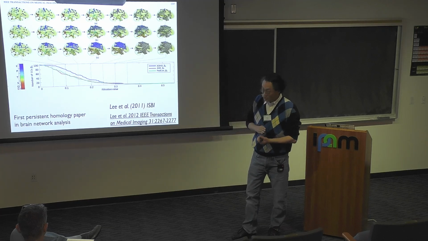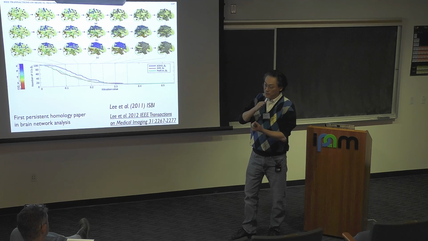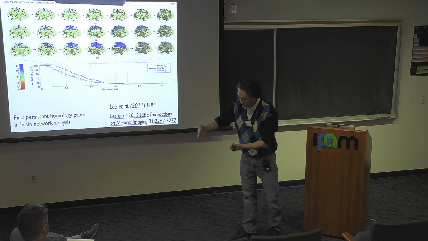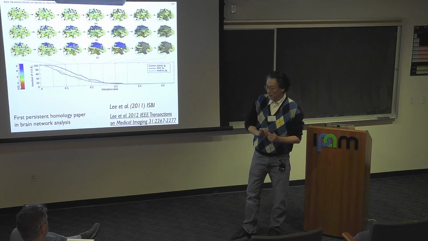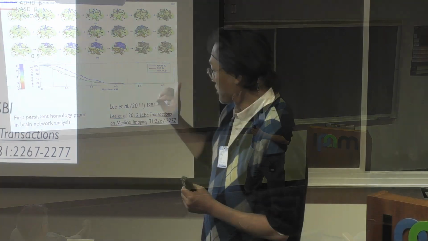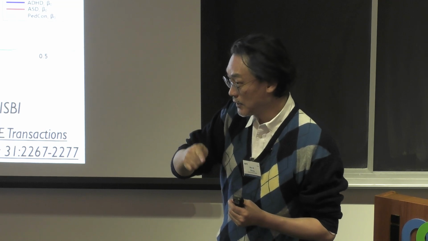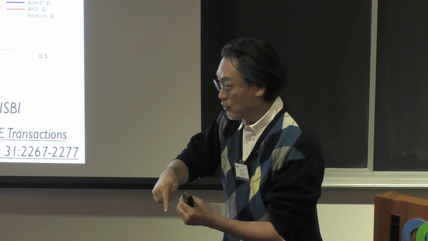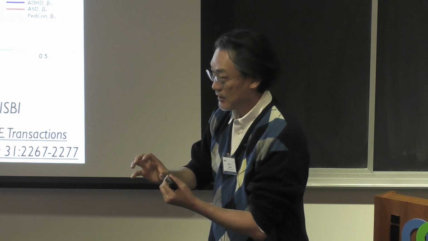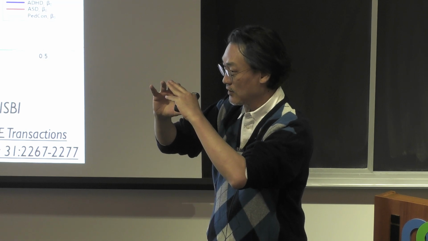Connected component is zero-dimensional topology. Something that is connected or not is what we call zero-dimensional topology. Then you may ask, what's the one-dimensional topology? That's a cycle, a loop. Then you can go to higher dimensions and you can build something like a void.